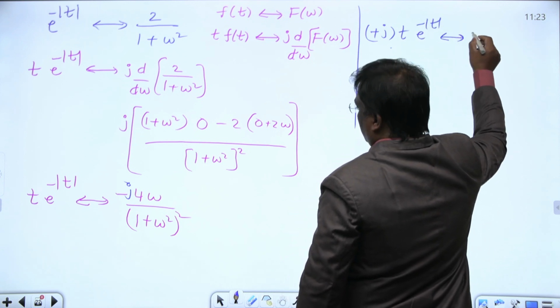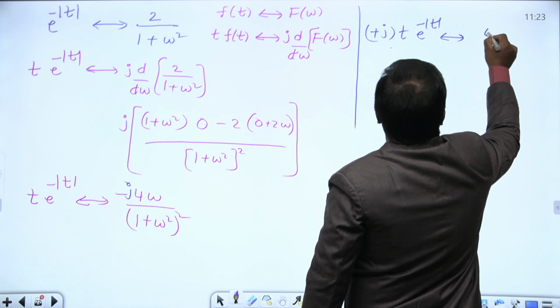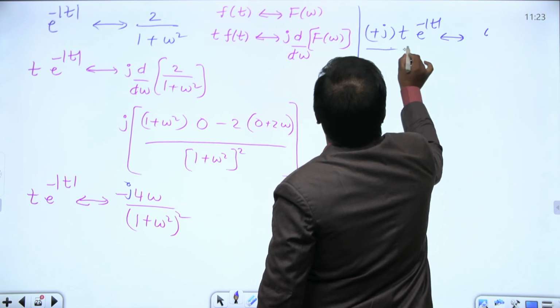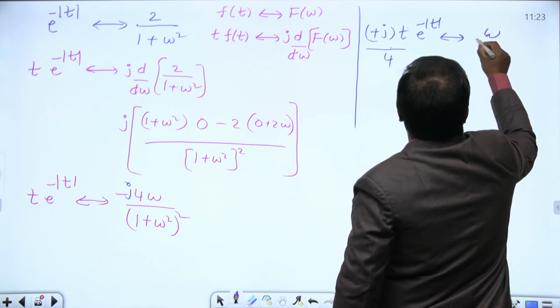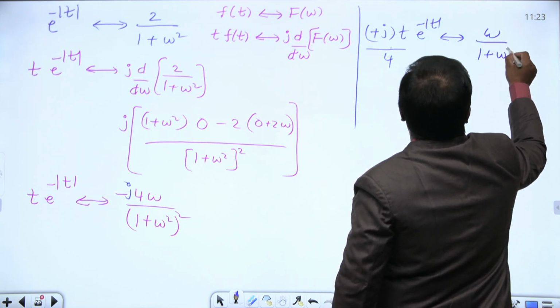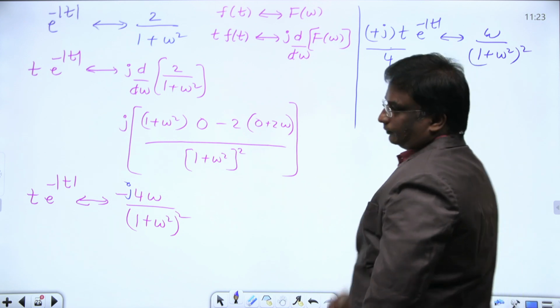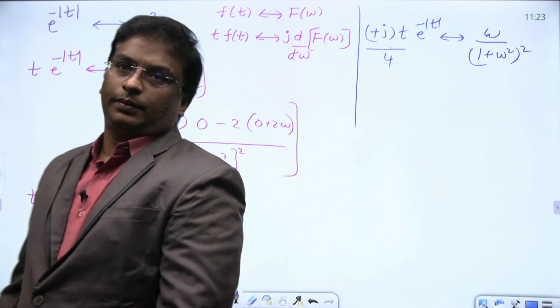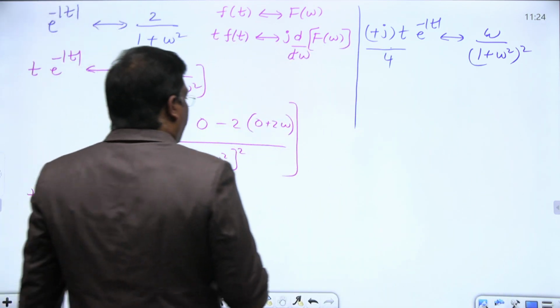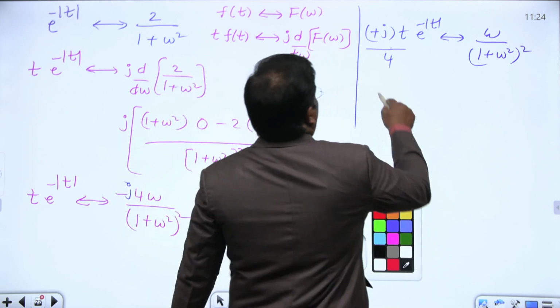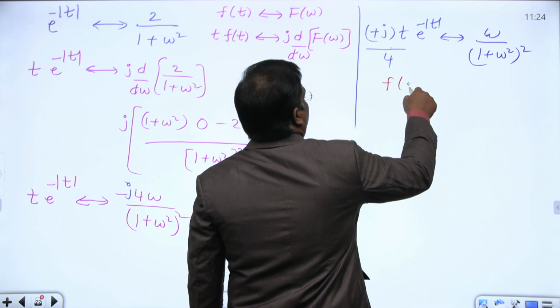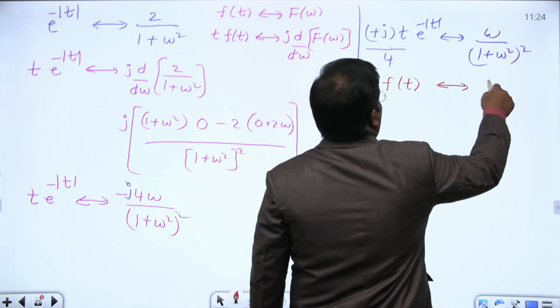This Fourier transform is nothing but omega by 1 plus omega square whole square. That's all. Right now again it seems like this entire thing is f of t. Notice here, suppose this is F of omega.